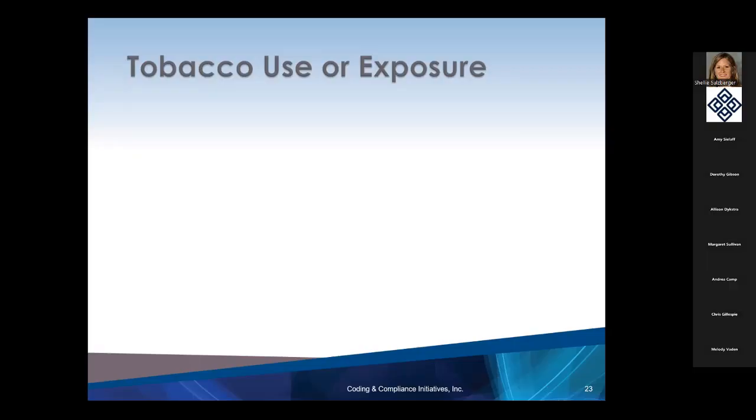We cannot diagnose patients with a dependence unless the provider tells us. You could use the tobacco use code, the Z72, but we need our providers to tell us if they have a nicotine dependence, and if so, is it cigarettes, is it chewing tobacco, etc.